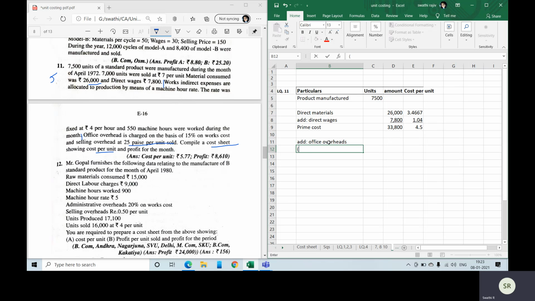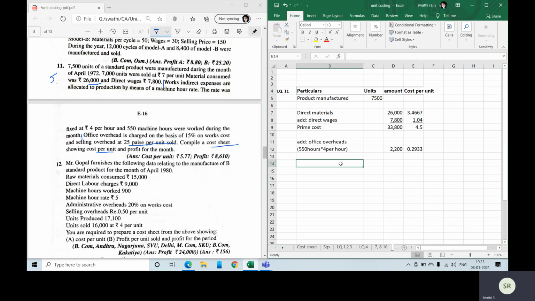The number of hours the machine has worked is 550 hours into the machine hour rate, which is 4 per hour. So 550 into 4, we will get 2,200. Now 2,200 is for the entire production of 7,500, so per unit will be divided by 7,500.